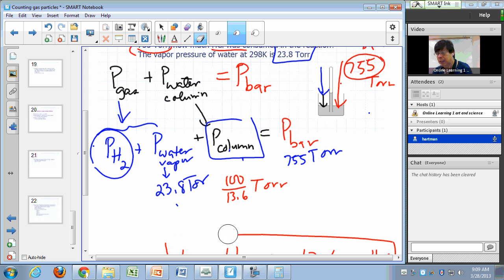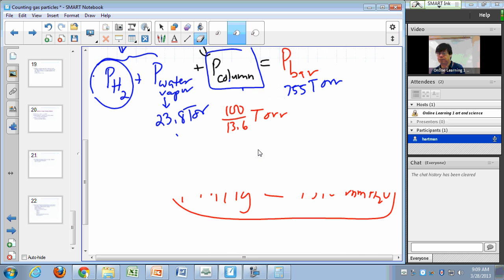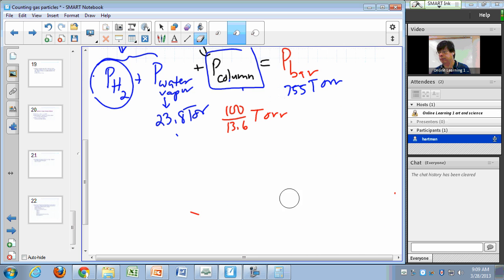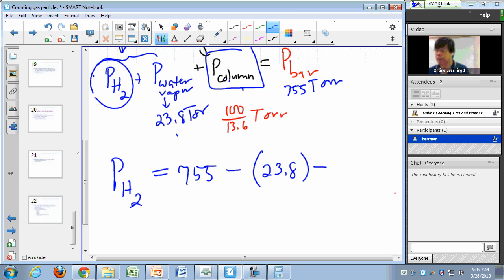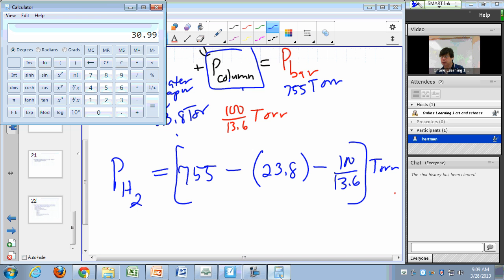So from this, you can calculate the partial pressure of H2. The partial pressure of H2 is equal to the total pressure, 755, minus the water vapor, which is 23.8, minus 100 over 13.6, which is the water column. All of this is in torr. Okay, so 100 divided by 13.6 is 7.35.